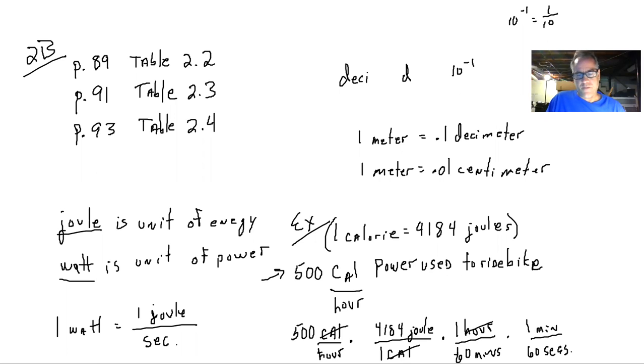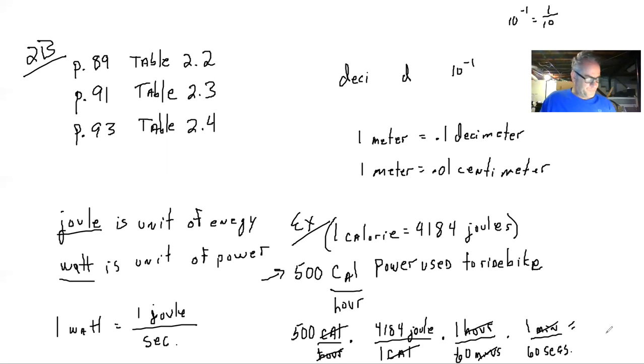Then I can have my hours cancel, and I can have my minutes cancel, and I'm left with joules per second. It's a matter of getting your calculator. So I got all my units to cancel out accordingly, and then I could go 500 times 4,184 and divide that by 3,600, which would be 60 times 60 down here in the bottom.